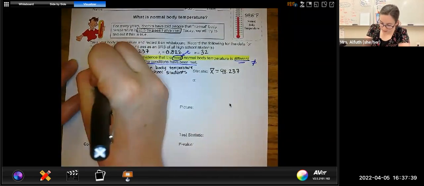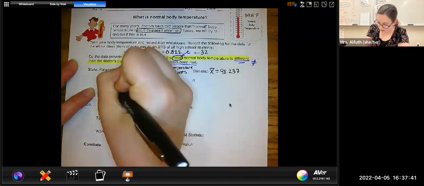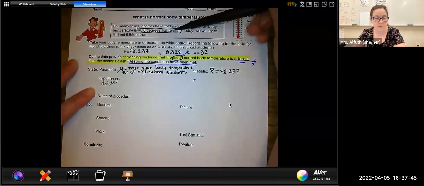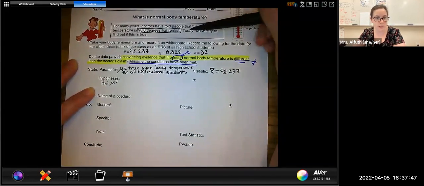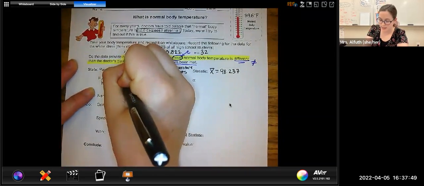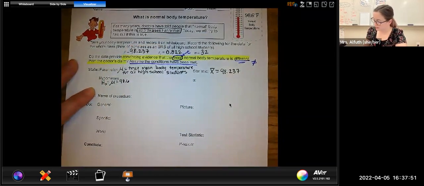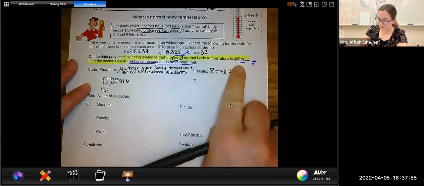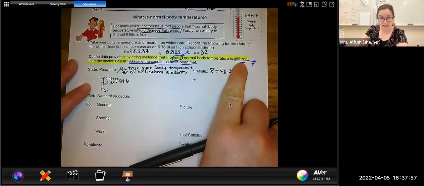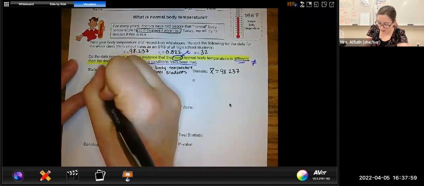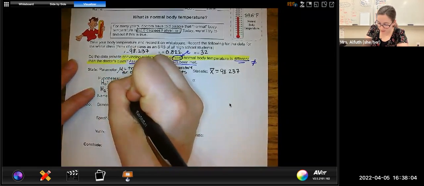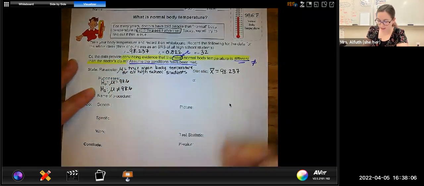Our hypotheses: our null hypothesis is always an equal to, and we're assuming that the doctors are telling us the correct information, that mu is actually 98.6 degrees Fahrenheit. And since we're looking for convincing information that it's just different, our alternative hypothesis is going to be that mu is not equal to 98.6.